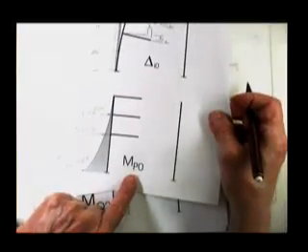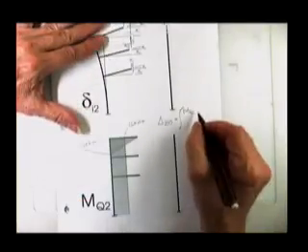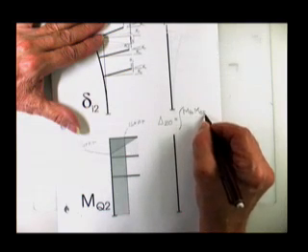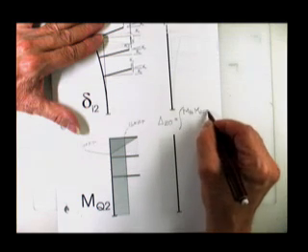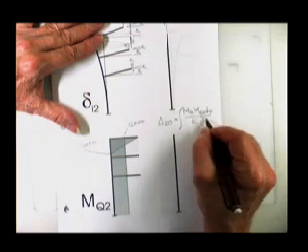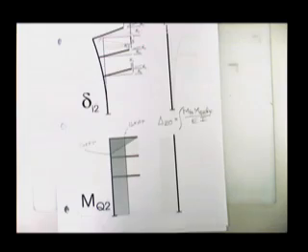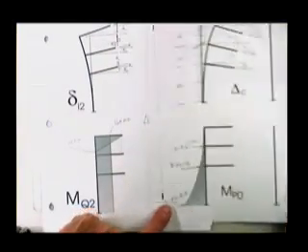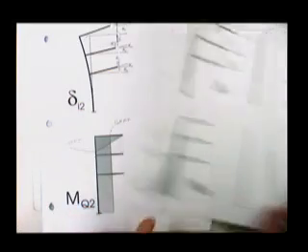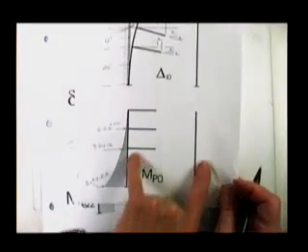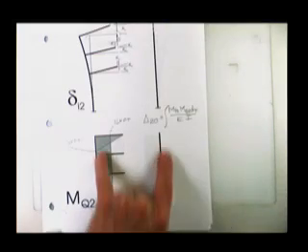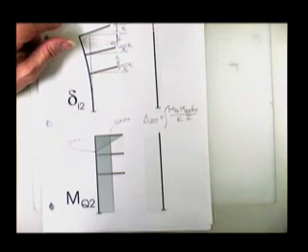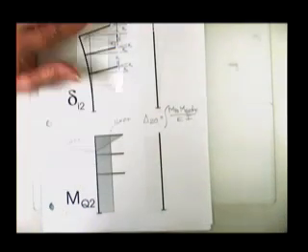Yeah, that's what we call that guy, times the moment due to the unit load in the number 2 direction, dx over EI. In other words, you would volume integral this guy, these guys, with these guys. And that would give you delta 2, 0.